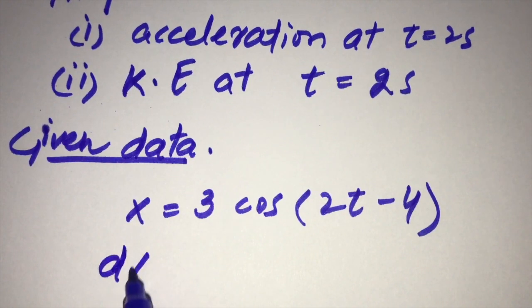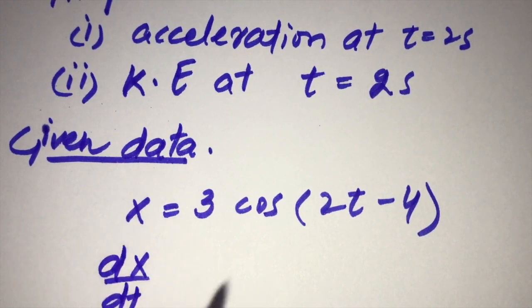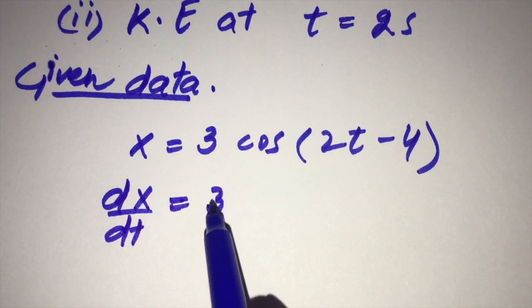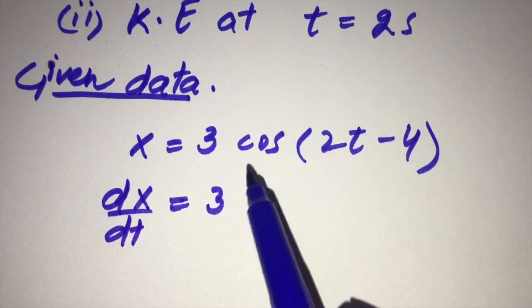So dx by dt is equal to 3 times the derivative of cos.